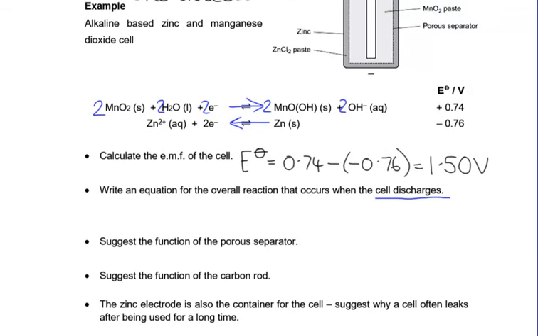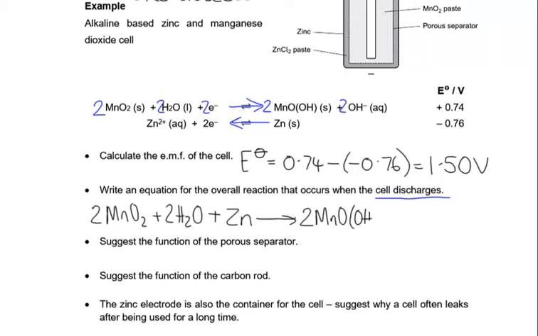And then I'm going to combine those, remembering that the bottom one needs to be reversed. So 2 MnO2 and 2 waters. The electrons are going to cancel out, react with zinc to make 2 MnOOH plus 2 OH minus plus Zn2+. Yeah, so that is what is happening when the battery is working.